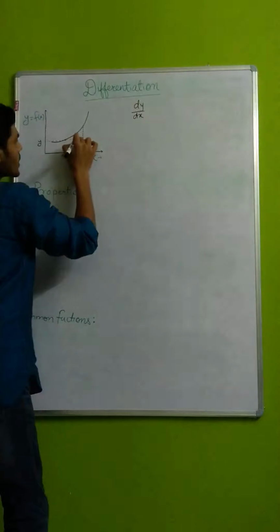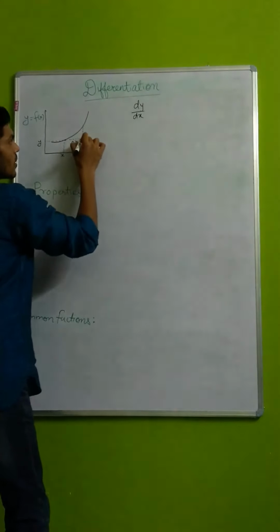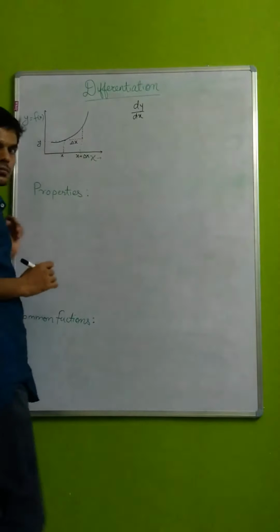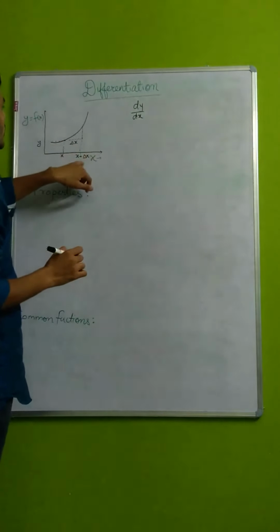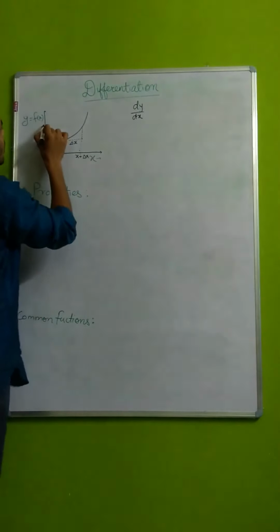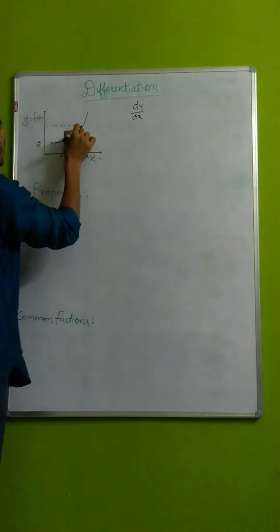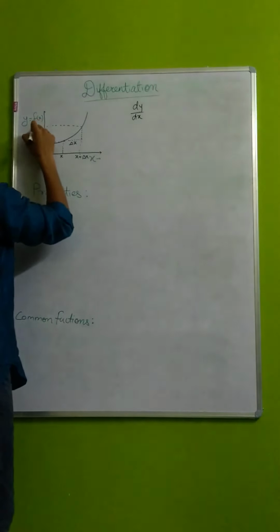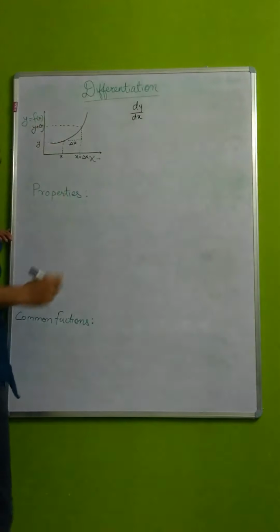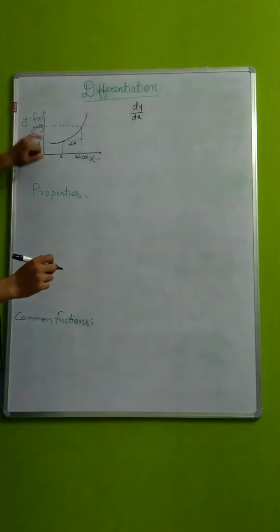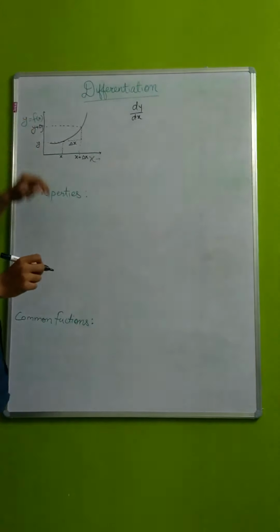So हमने x में delta x का चेंज किया and now we get x plus delta x, right? So for this value of x, that is x plus delta x, we get some different value of y. We'll call this as y plus delta y. Now अगर y f of x का फंक्शन है, then y plus delta y कितना होगा, f of x plus delta x.